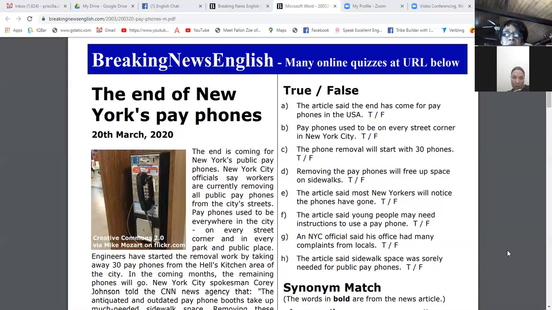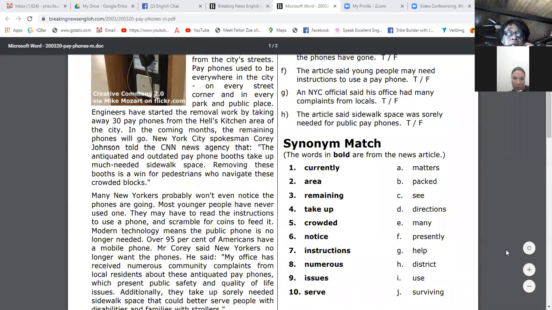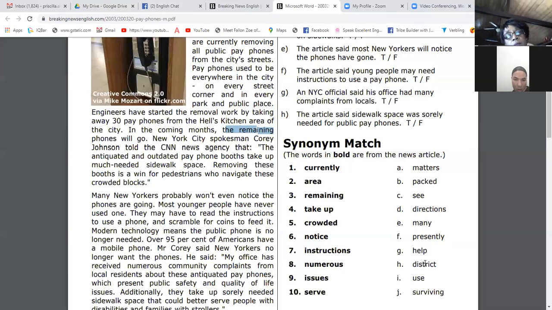In the coming months, the remaining phones, I lost the line. In the coming months, the remaining phones will go. New York City spokesman Corey Johnson told the CNN news agency that the antiquated and outdated pay phones both take up much needed sidewalk space.